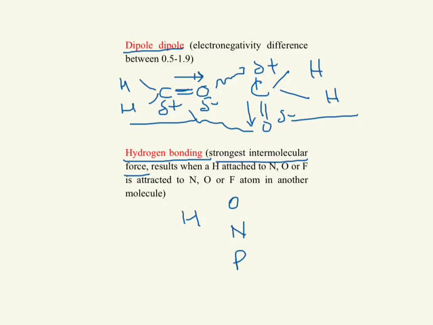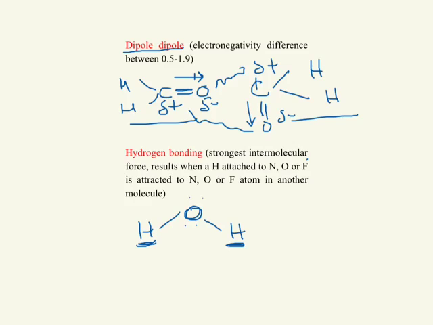Let's take an example. This is very easy to identify. For example, look at the water molecule. We have hydrogens, in fact two hydrogens, attached to oxygen. So that means these hydrogens can participate in hydrogen bonding.